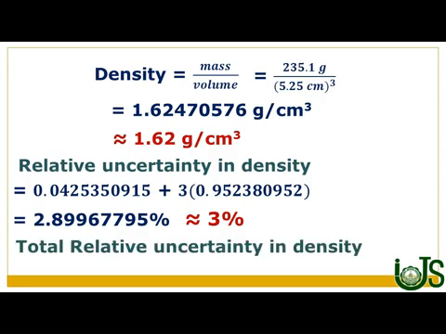Since it is greater than 2%, you need to estimate it to one significant figure. Therefore, the total relative uncertainty in density is 1.62 grams per centimeter cubed, ± 3%.